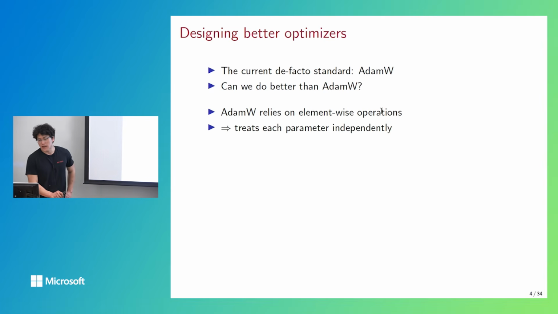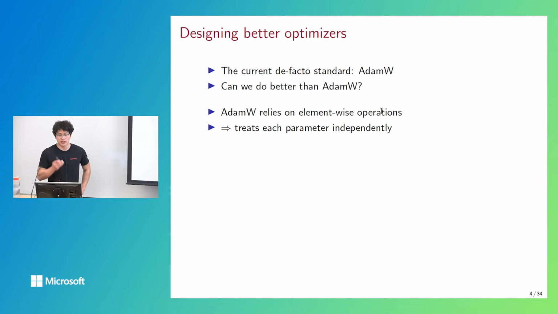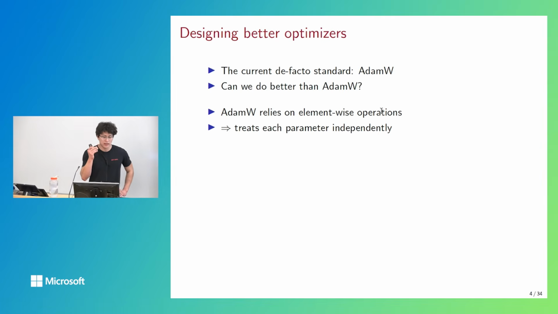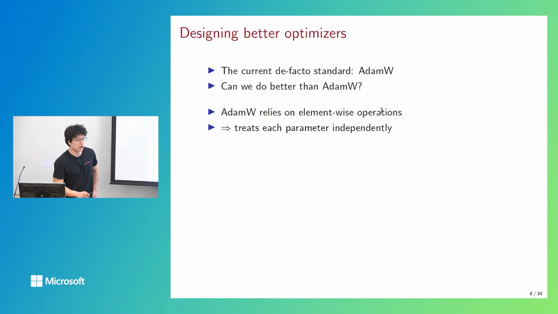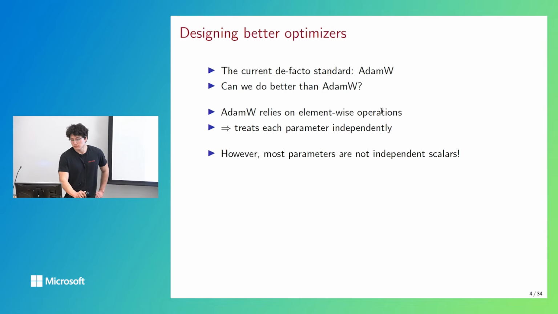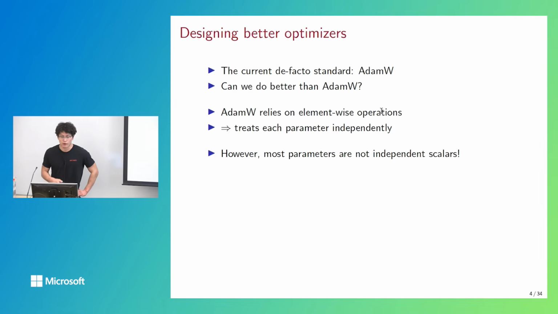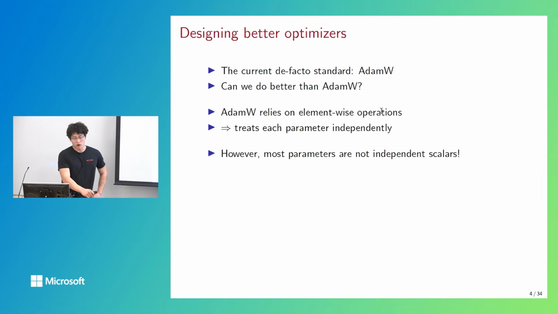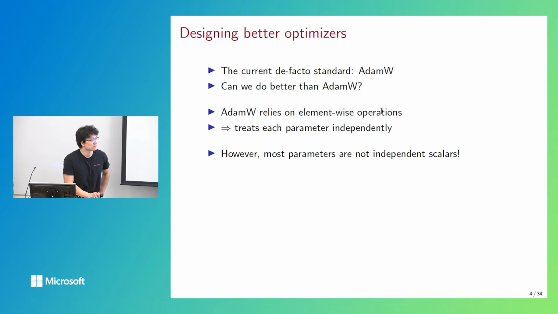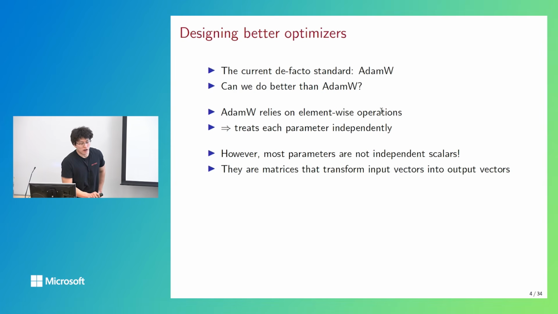But it also means that the algorithm is treating each parameter scalar independently, as if they're independent scalars. However, most parameters in the modern neural network architecture are not independent scalars.